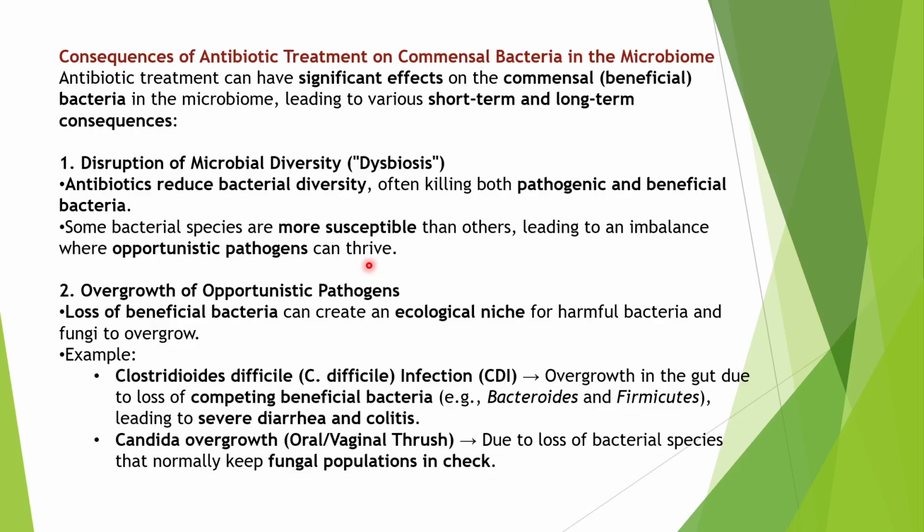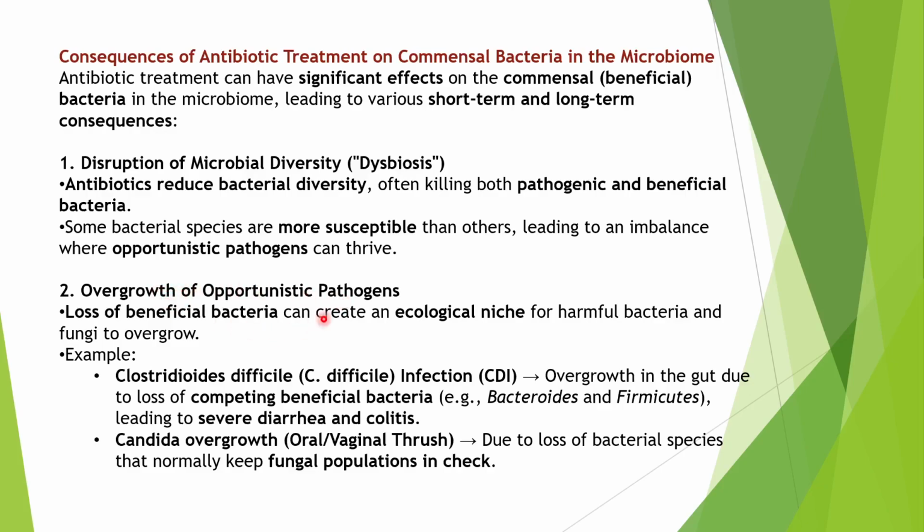It helps as a competitor for space or nutrients, or sometimes it helps recognize it as a pathogen. So in whatever way, it helps your body to prevent establishment of a pathogen.